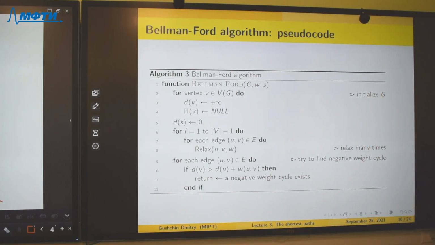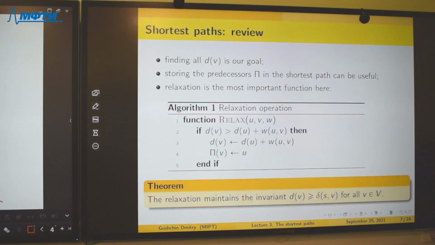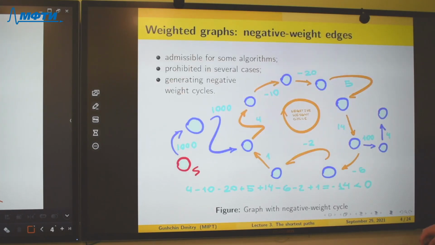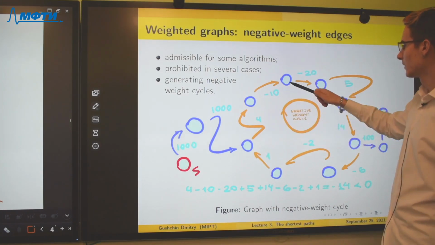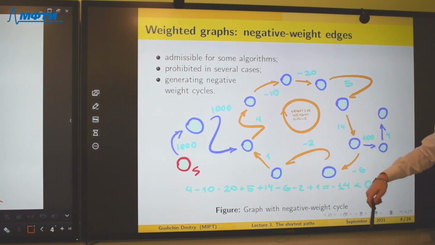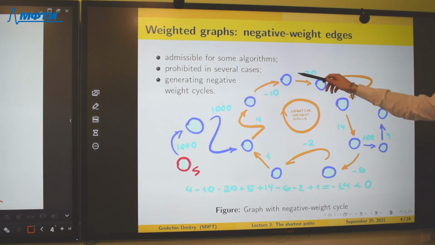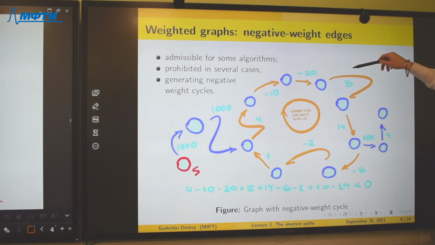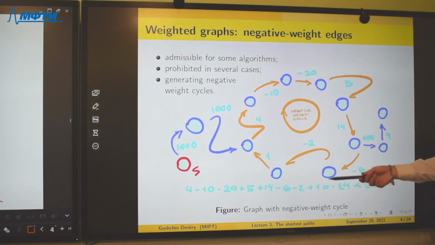Because we can see in this example that we don't have a distance between the source and any vertices in this cycle. Or we can say that it is equal to minus infinity. And if we have some distance, we can relax all these edges, and then it will be smaller than this distance.